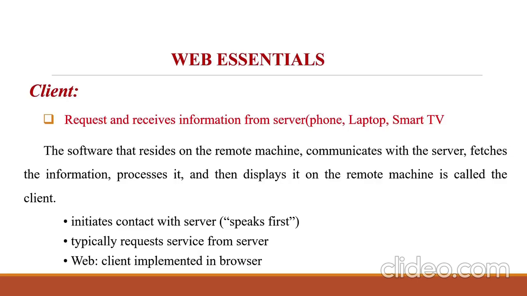The software that resides on the remote machine communicates with the server, fetches the information, processes it, and then displays it on the remote machine. The device used for showing the web page, if you are using a mobile, that is a remote machine. If you are using a laptop or a desktop, that is also a remote machine. The device that displays it is called the client.